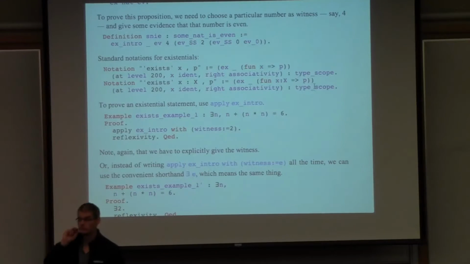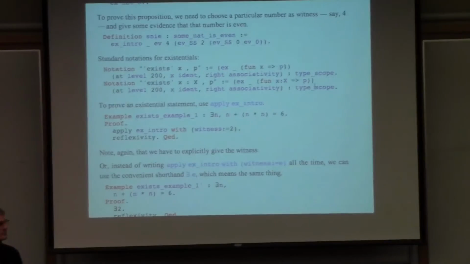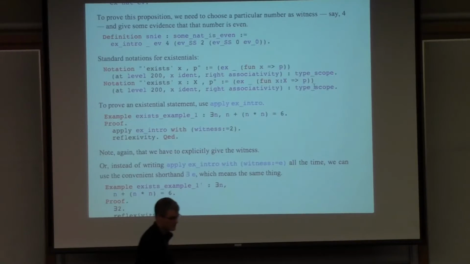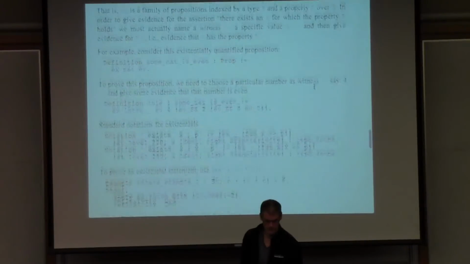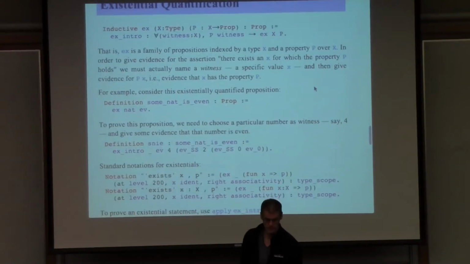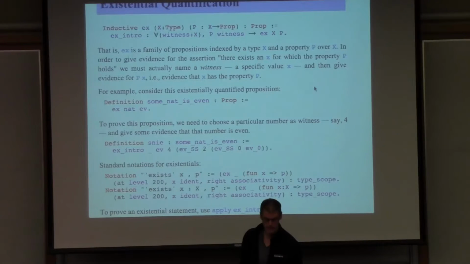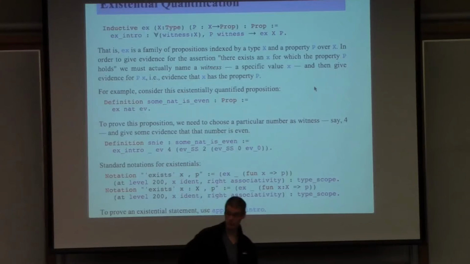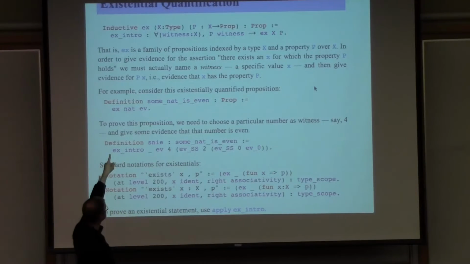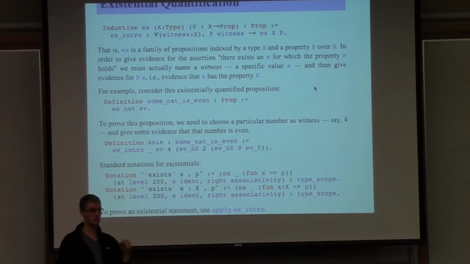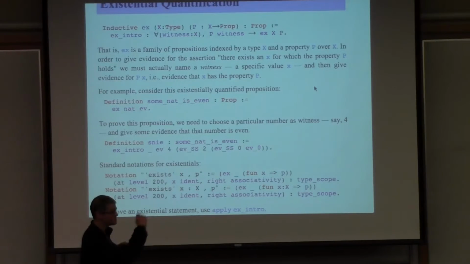Yes? I think it does not mean that the property has to hold for every value of type X, right? But I have to give it as correct. Yes, thank you. So this is not saying I have to provide a proof that for all witnesses, P holds of that witness.